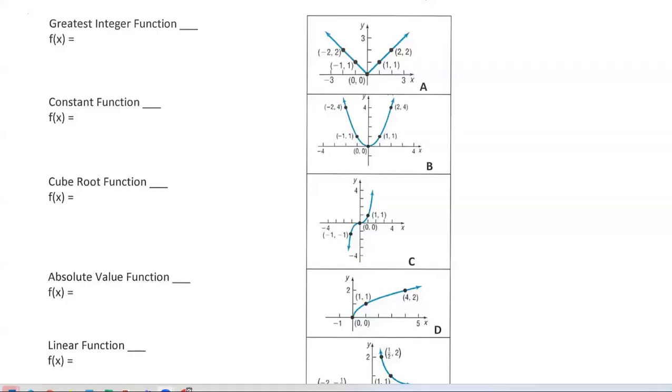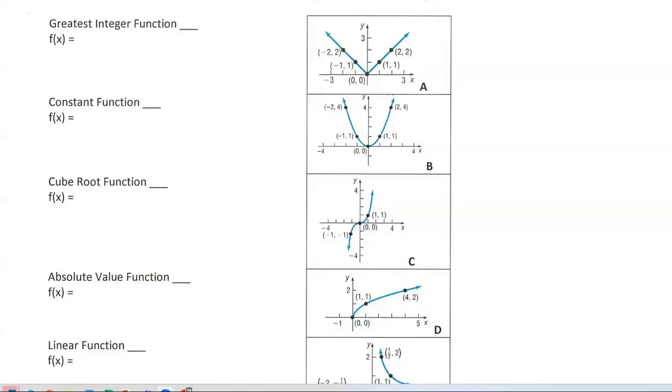Okay, so for this section, we just need to match the graph with the appropriate function or the name for it, and then write the general standard equation for that graph. The first one here is a V, so you should think about the absolute value.